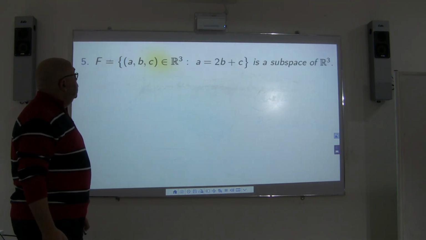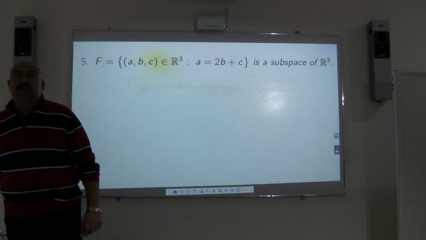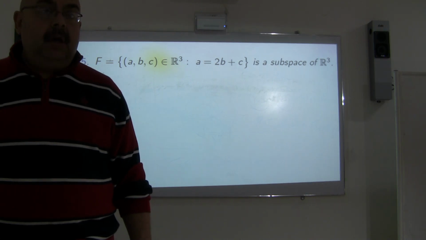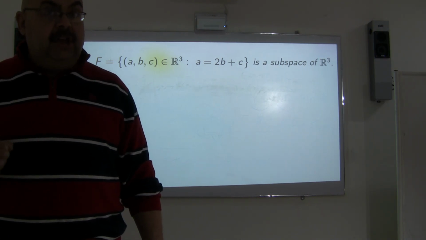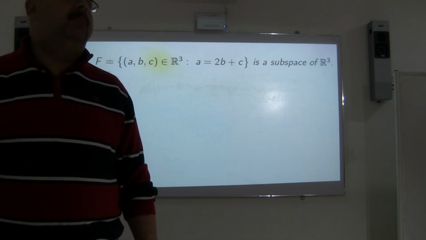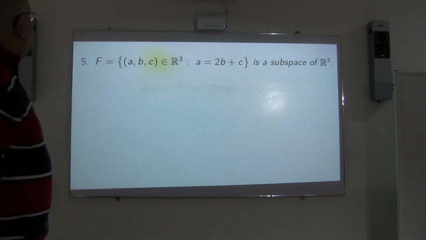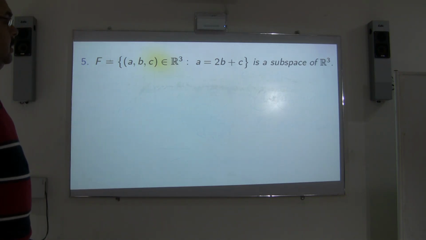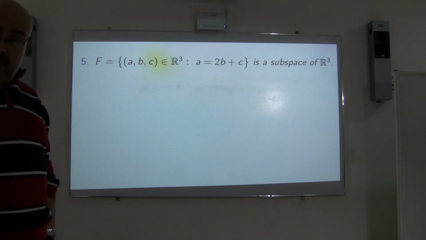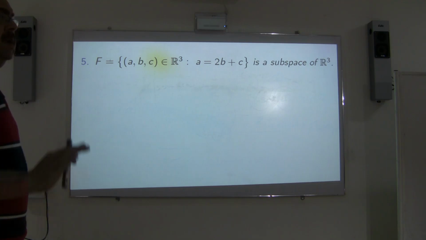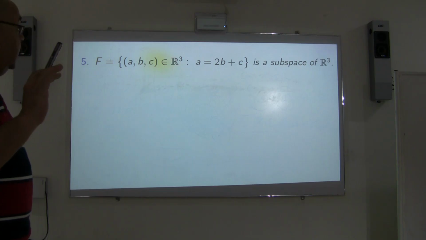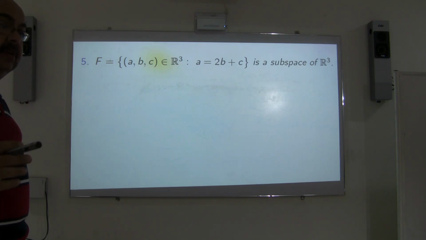Also, this problem can generate a specific subspace of R3, with the description given here. Let's read it together. We want the set of vectors (a, b, c) belonging to R cubed, so I have vectors which contain three components, such that the first component is equal to 2b plus c.